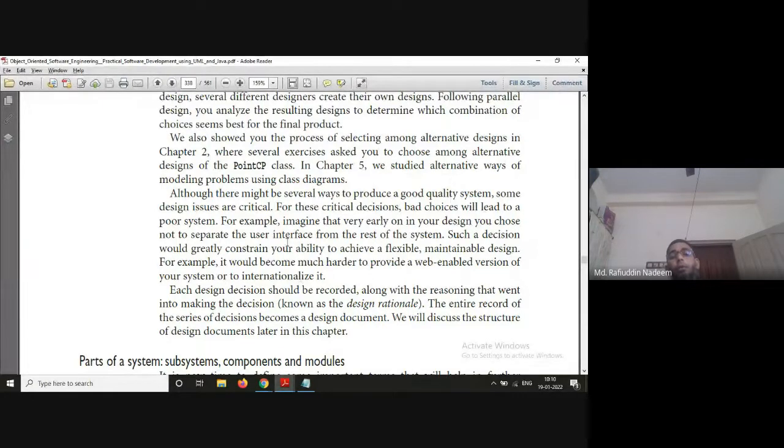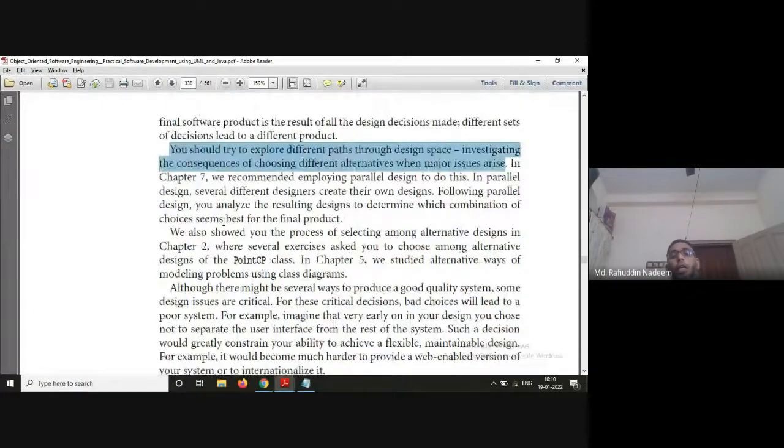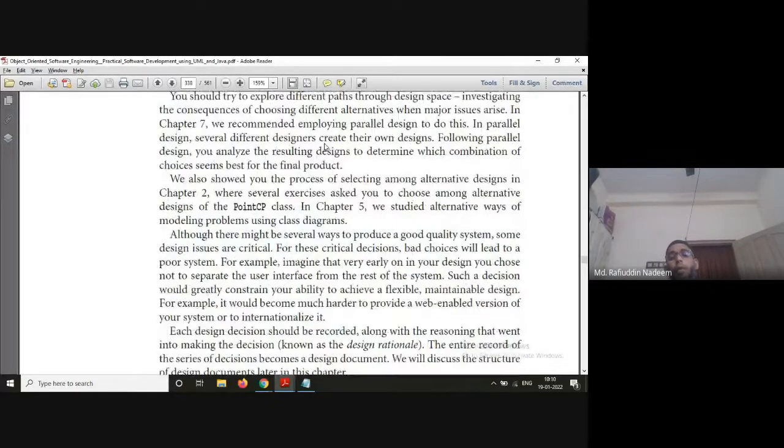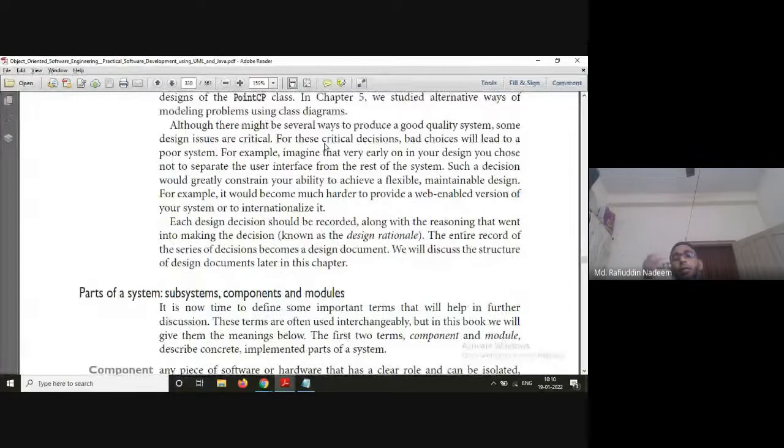Means if you do not choose to have a separate interface design, you may not have the option of a web-enabled version, or internationalization may come with problems. The earlier decision makes you very rigid, not flexible. So just an example is given here.